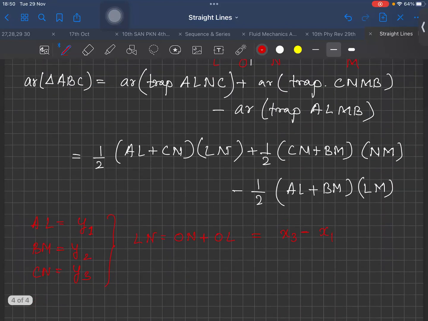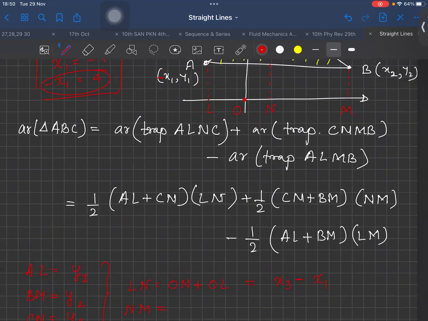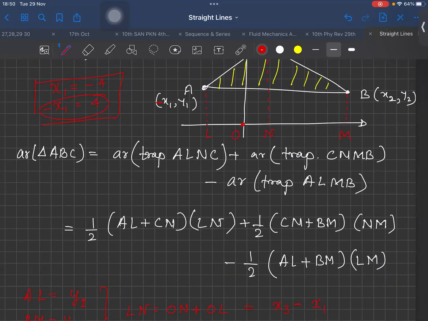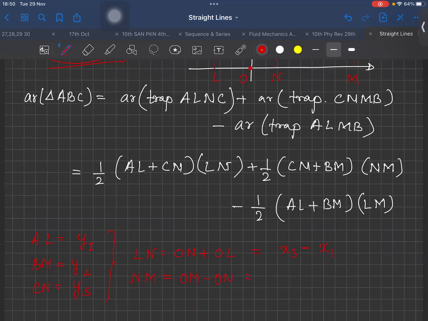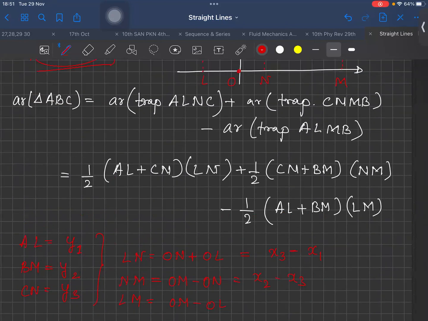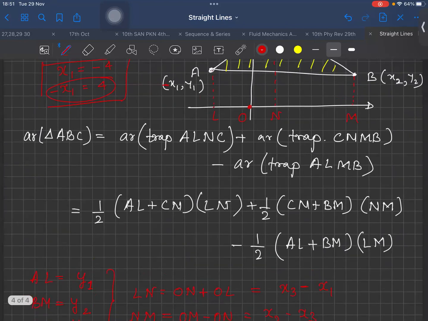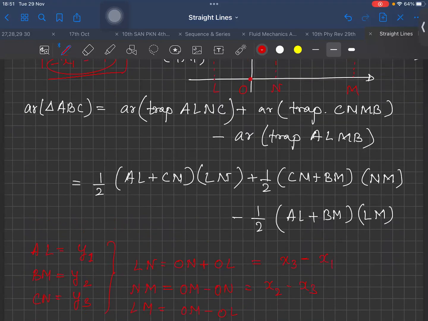NM will be what? OM minus ON. So that will be equal to x2 minus x3. Right? Similarly, LM will be equal to OM minus ON. Actually, this is plus.